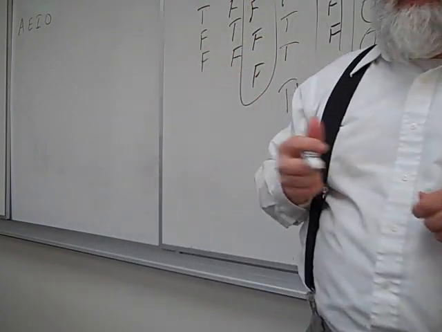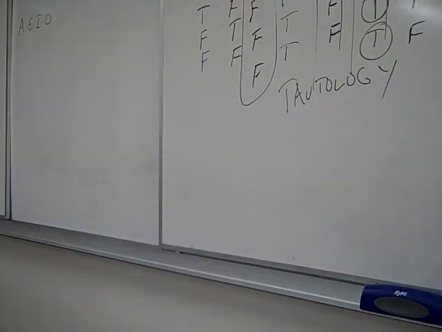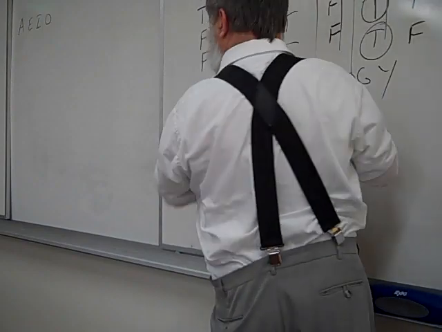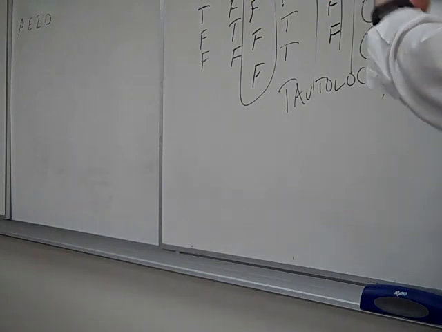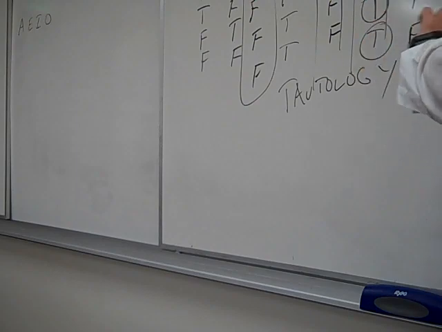So I just turned a tautology into a contradiction. So this form will always be false, no matter what you substitute for P and Q, as long as you substitute the same things for P and Q in all the places, and keep the form correct.